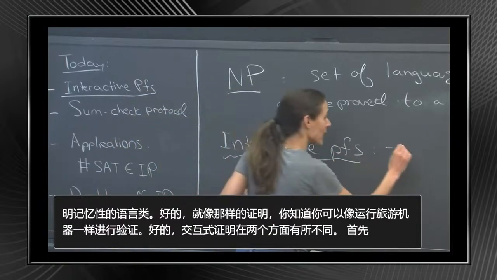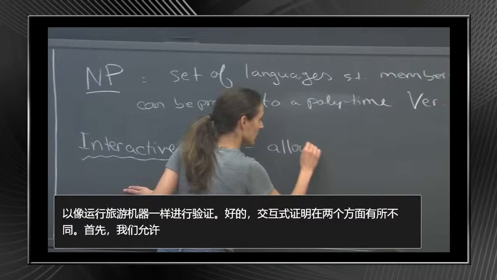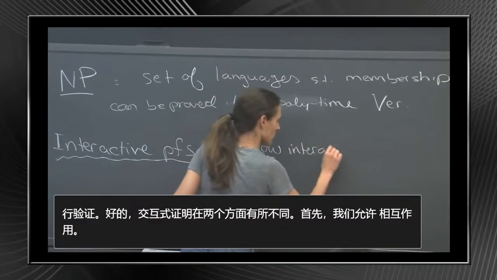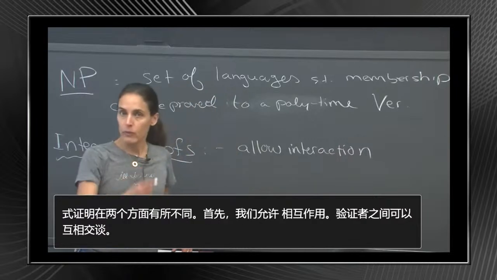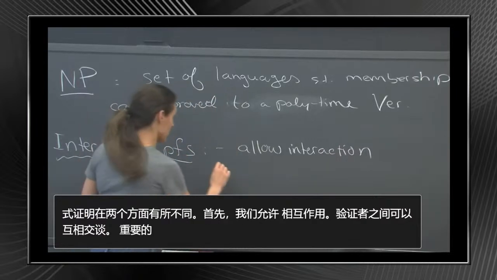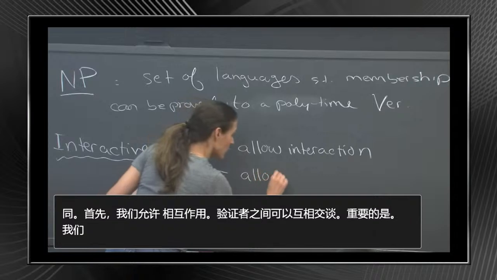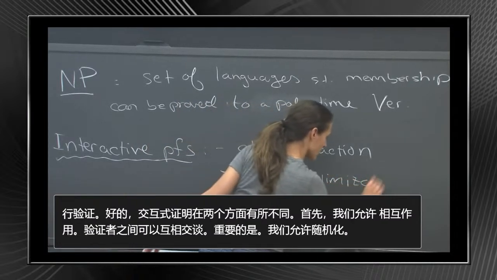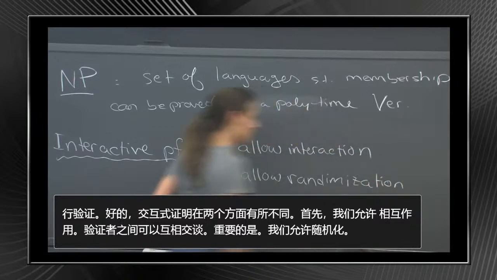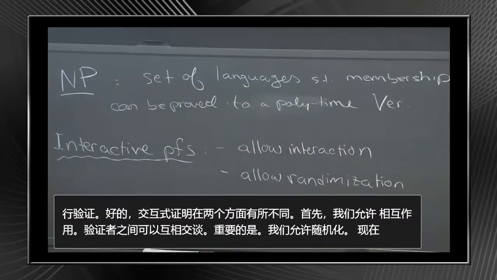First of all, we allow interaction between the prover and the verifier. They can talk back and forth. Importantly, we allow randomization. What do I mean by randomization?